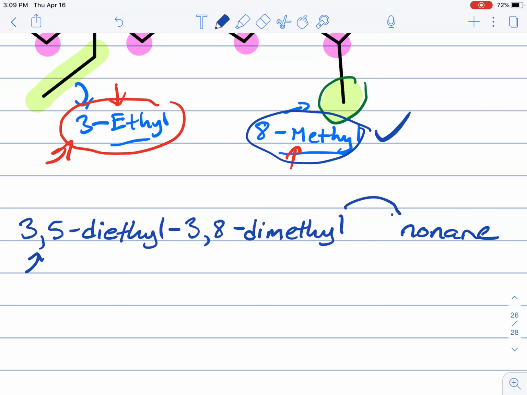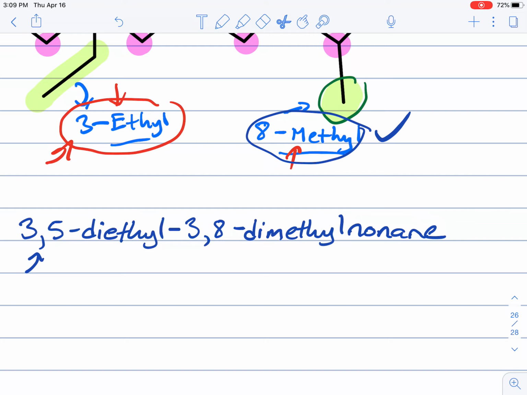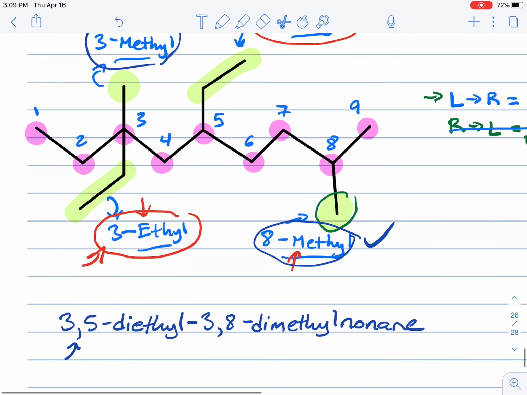And here I have a letter to another letter, no dash, no comma. Just take this guy and write it in, no space. Okay. So this is going to be our answer for this problem. This is going to be 3,5 diethyl, 3,8 dimethyl nonane.